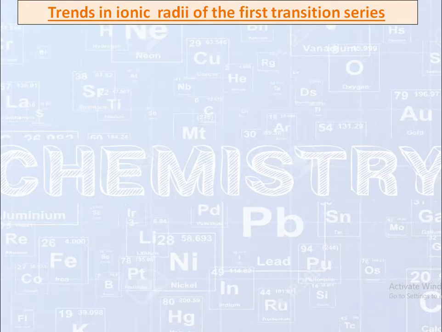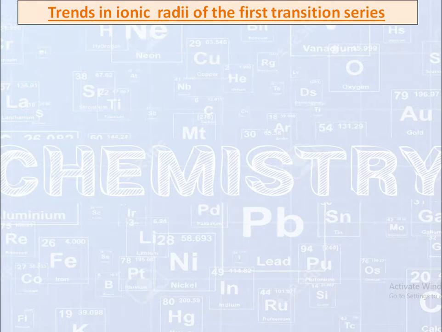Now, trends in ionic radii of the first transition series. Let us discuss what happens in the ionic radii of the transition series. As we discussed, when we move from left to right, atomic radii decrease. A similar thing happens to ionic radii.